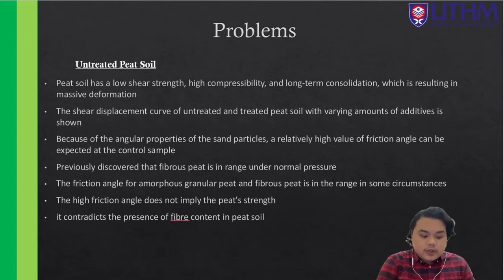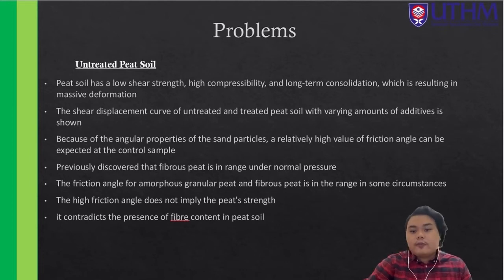Next, we move on to the problems that come when the peat soil is untreated. It means peat soil has low shear strength, high compressibility, and long-term consolidation, resulting in massive deformation. The shear displacement curve of untreated and treated peat soil with varying amounts of additive is shown. Because of the angular properties of the sand particles, a relatively high value of friction angle can be expected for the control sample.